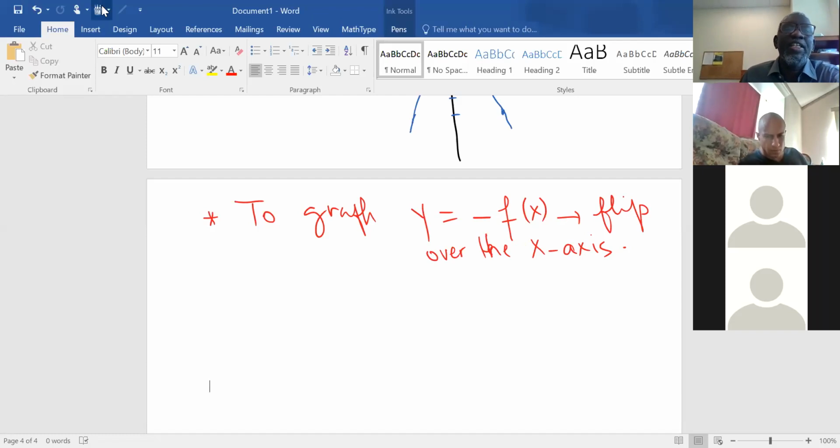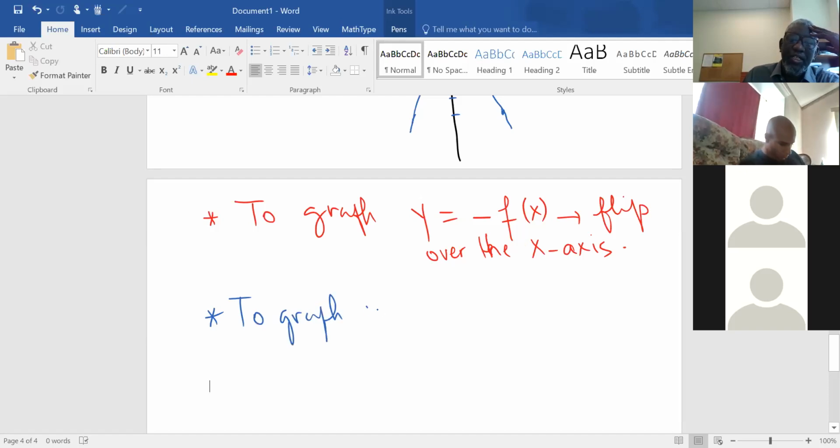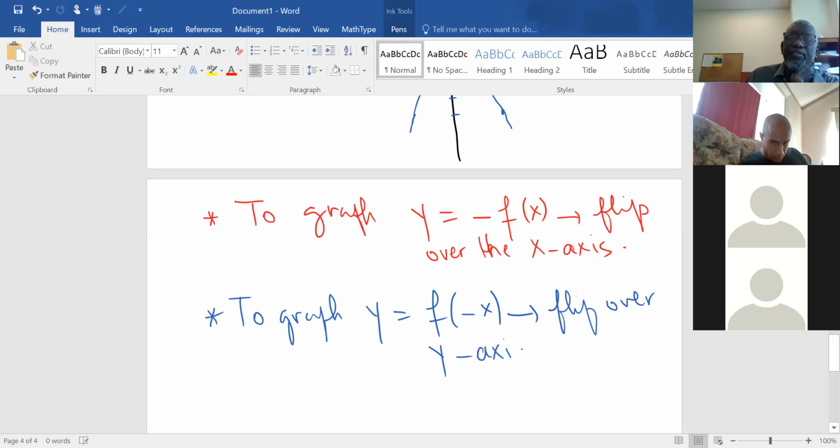So what do you get? We don't have to prove an example, but what is your guess? If you want to graph y equals f of negative x, how are we going to flip, over what? The y-axis. Over the y-axis, right? We're going to flip over the y-axis.